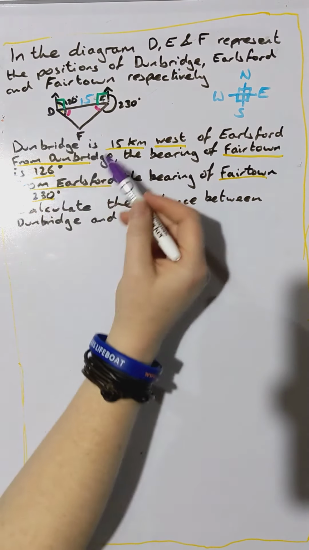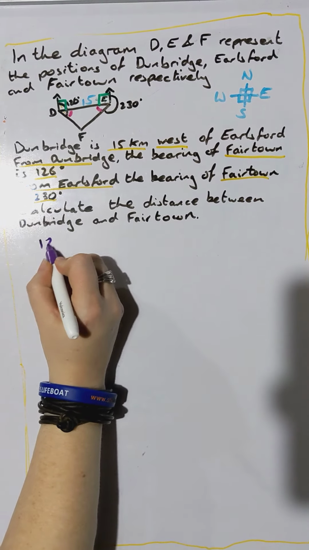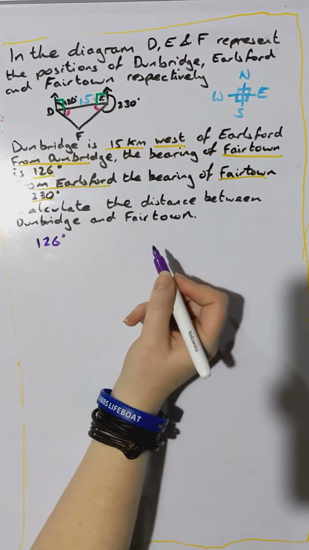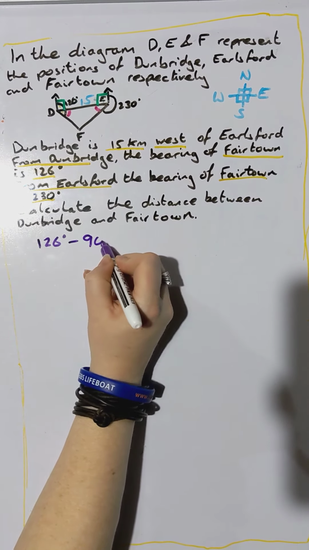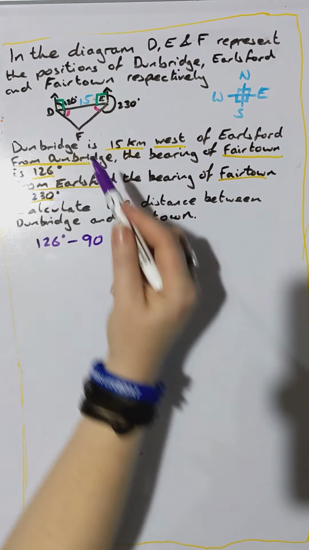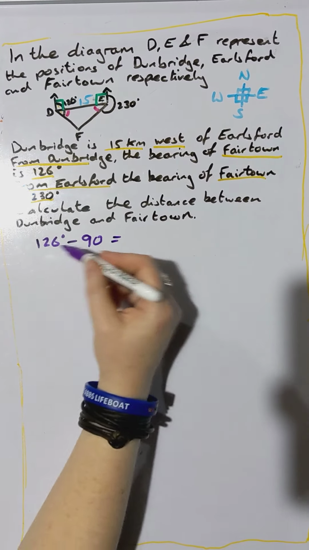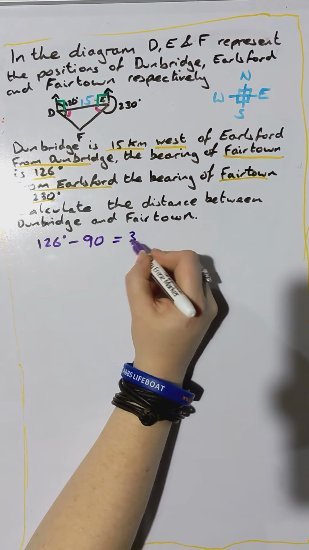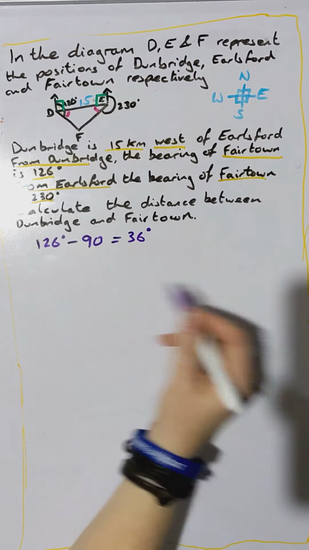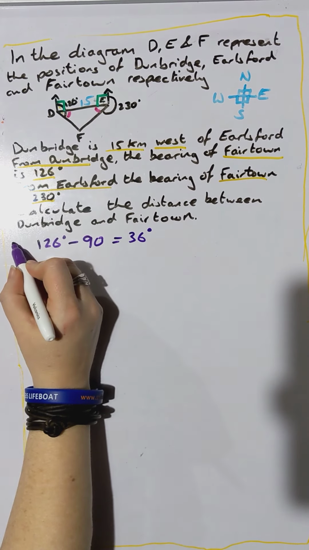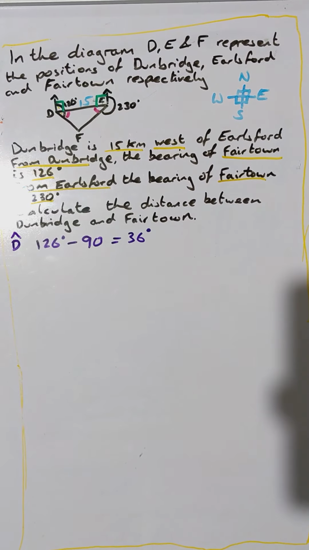So starting with Dunbridge, we've got 126 degrees. We know 90 of them are accounted for outside of the section we're looking for. So that gives us 36 degrees inside. So the angle at D, right?